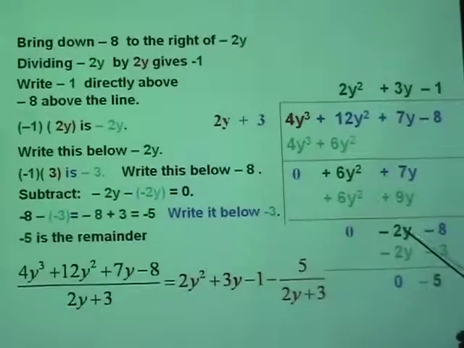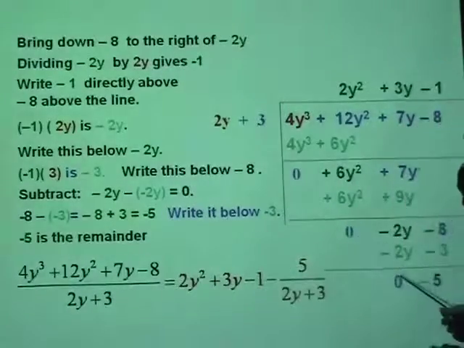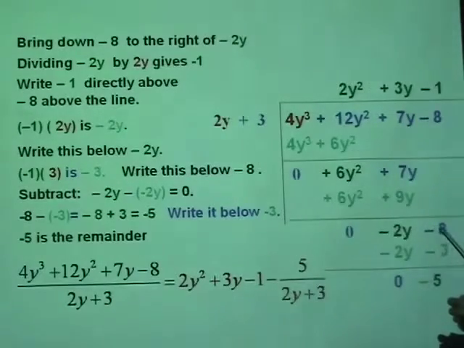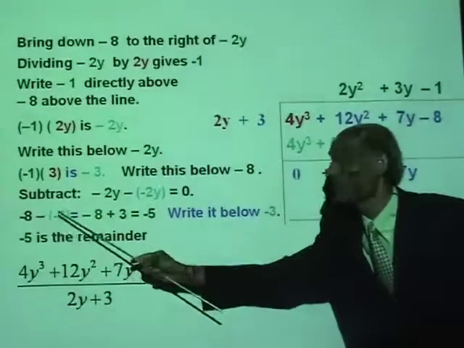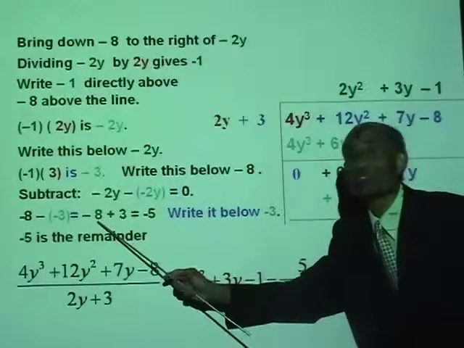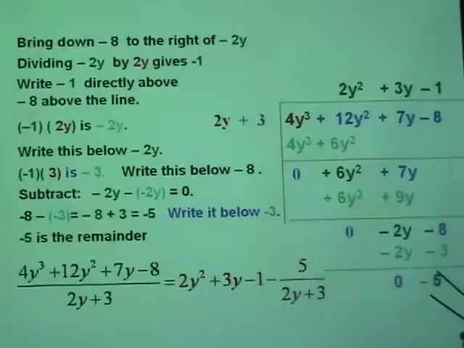Negative 2y minus negative 2y. What is negative 2y minus negative 2y? It's 0. Now subtract negative 3 from negative 8. That is negative 8 minus negative 3, which is negative 8, plus 3, which is negative 5.